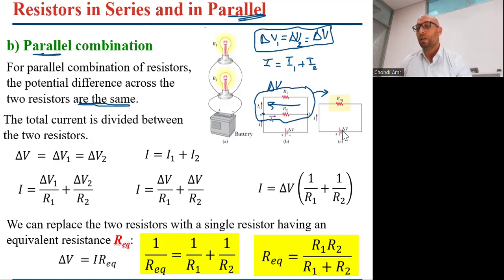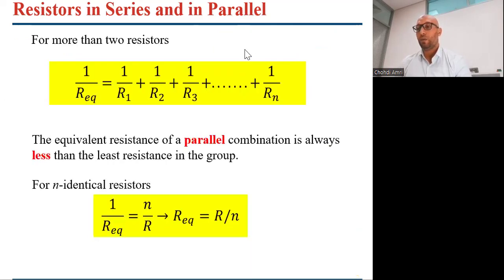Ohm's law says that delta V equals R equivalent multiplied by the current I. So we can say that R equivalent is (1 over R1 plus 1 over R2) to the power of -1. Or we can say also that 1 over R equivalent is 1 over R1 plus 1 over R2 plus 1 over Rn. So we have to continue the calculation to get R equivalent, not 1 over R equivalent.